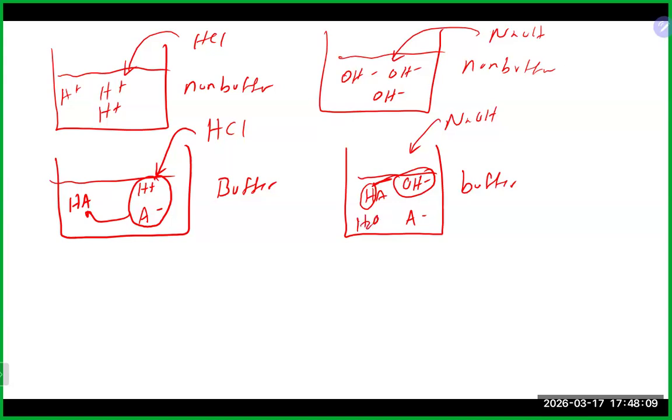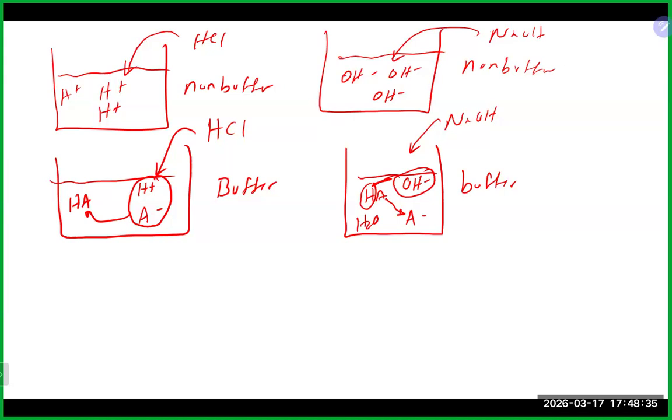And again, essentially what that's going to do is tie up the OH minus in water and not allow it to be freely floating in the solution. Thus, the H plus concentration will remain relatively constant because you haven't introduced a lot of free floating OH minus in that case. By the way, same thing happens. This guy comes off and makes some A minus, which is the other part of the buffer as well.